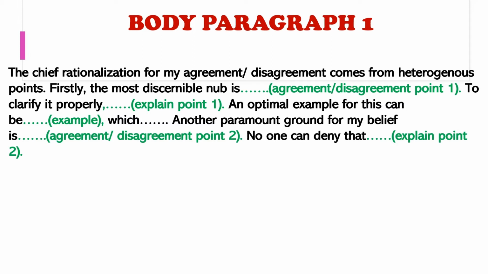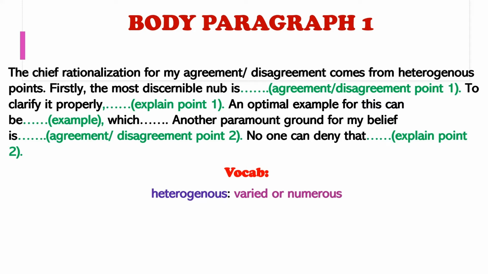So you will have a topic statement that will clearly say what this paragraph is about. The chief rationalization for my agreement. The chief rationalization means explanation. The chief explanation for my agreement or disagreement comes from heterogeneous points, meaning various, numerous points.